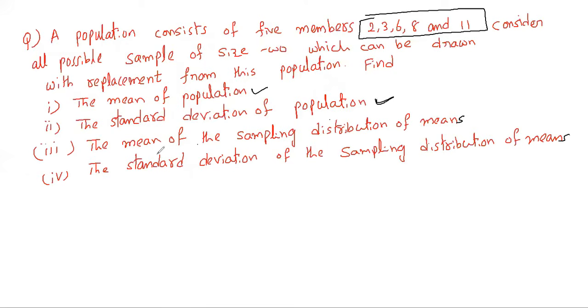Next, when you come to the third question, the mean of whose mean? Sampling distribution of means. For a while, you remove this word. Sampling means, first you find all the sample means, then for that you find the mean.